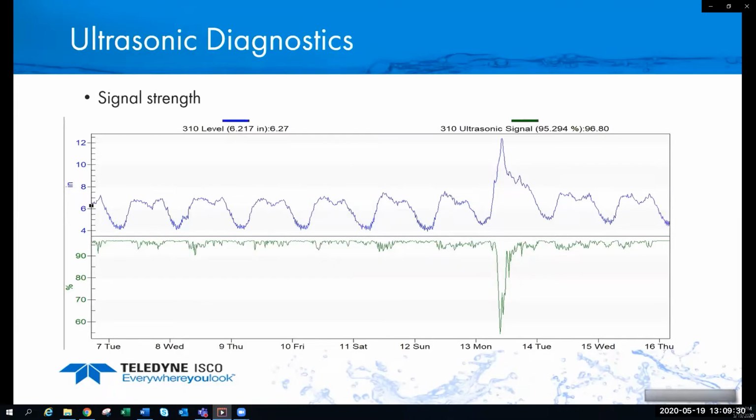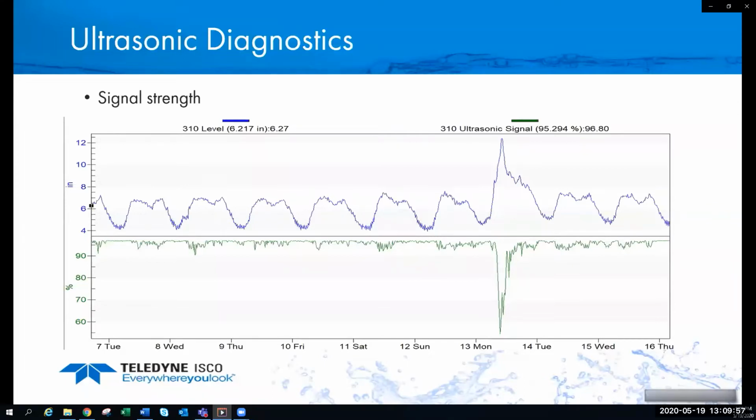Now, if we jump all the way over to Monday the 13th, you notice that our water level almost doubles, and then the ultrasonic signal drops down to about 50%. Now, one thing I noticed with this is that we didn't lose signal at all. There were no dropouts in the data, but what we see is that as the level increased, the ultrasonic signal dropped, indicating that during that event, we did have a lot more turbulence than normal.